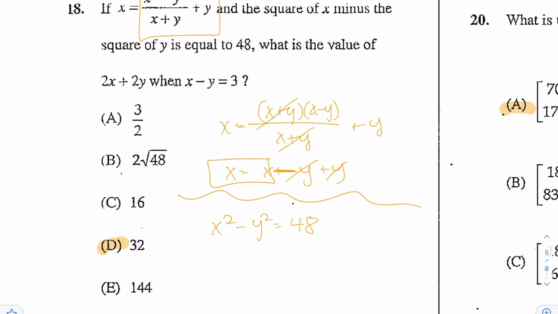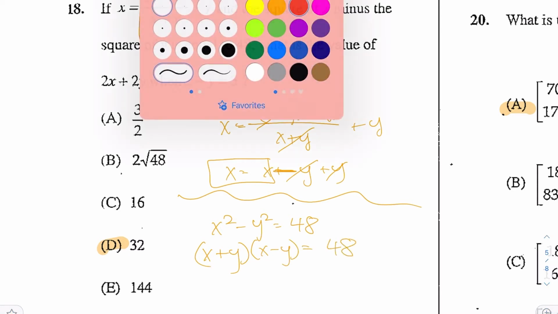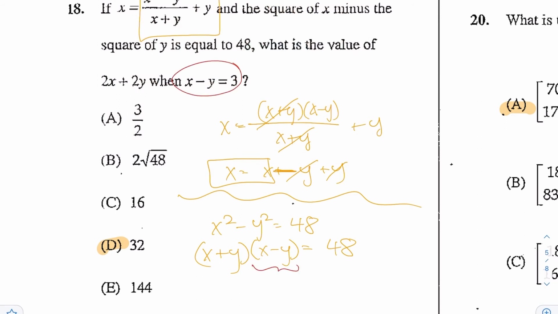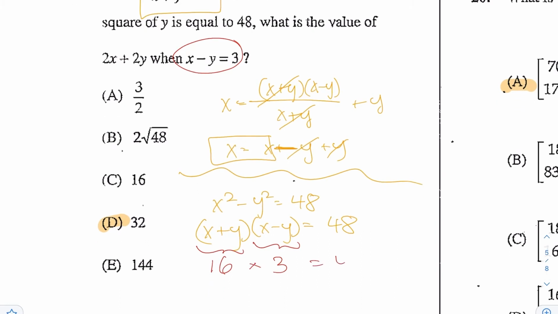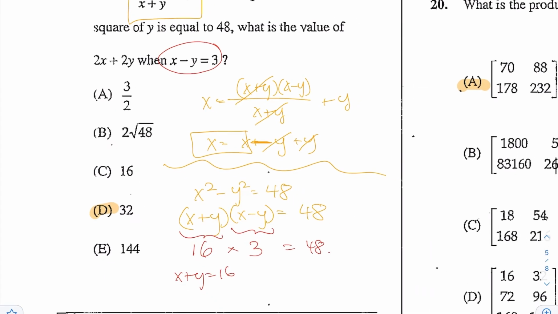Well, here, this is the useful equation. If you factor this, you know that x minus y is equal to 3. So then x plus y has to be 16, because 16 times 3 is equal to 48. Well, if x plus y is equal to 16, 2x plus 2y is really just 2 times (x plus y) in parentheses.